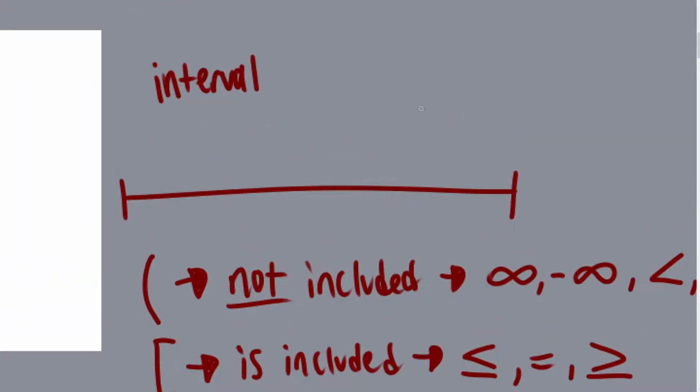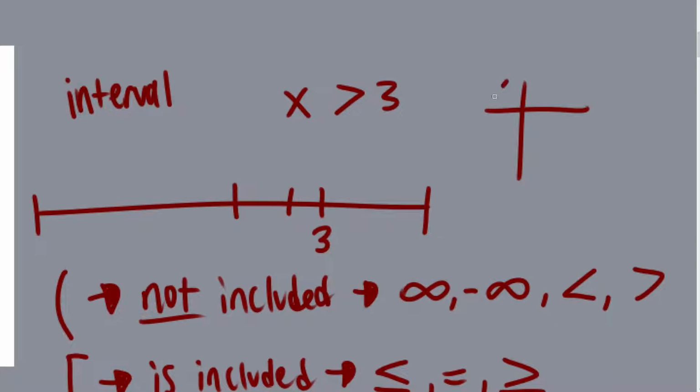So say you have something like x is greater than 3. We will look at 3 here, and we can have our table of values, x and then true or false. If x is equal to 2, is 2 greater than 3? No, 2 is smaller than 3, so that would be false. Is 4 greater than 3? Yes, 4 is greater than 3, so that would be true.